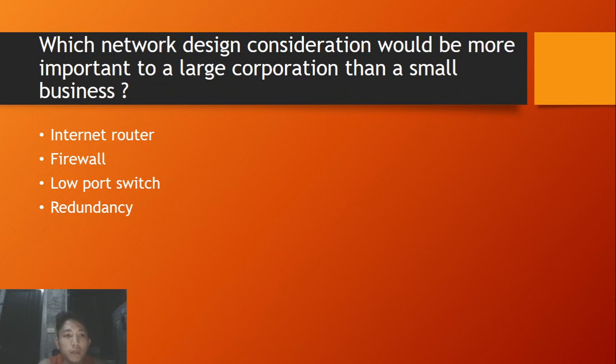So next is, which network design consideration would be more important to a large corporation than a small business? The choices are internet router, firewall, low port density switch, redundancy. For this question, the answer is redundancy. So why? Small businesses today do need internet access and use an internet router to provide this need.